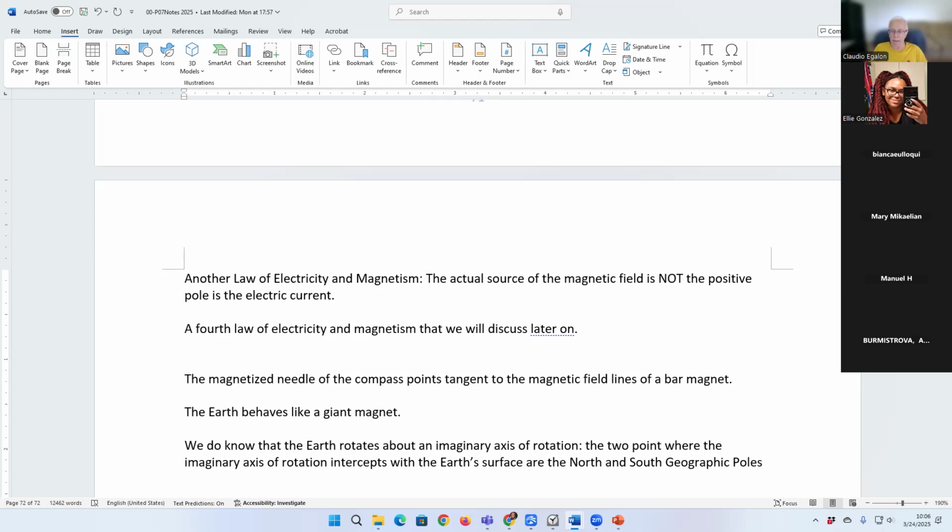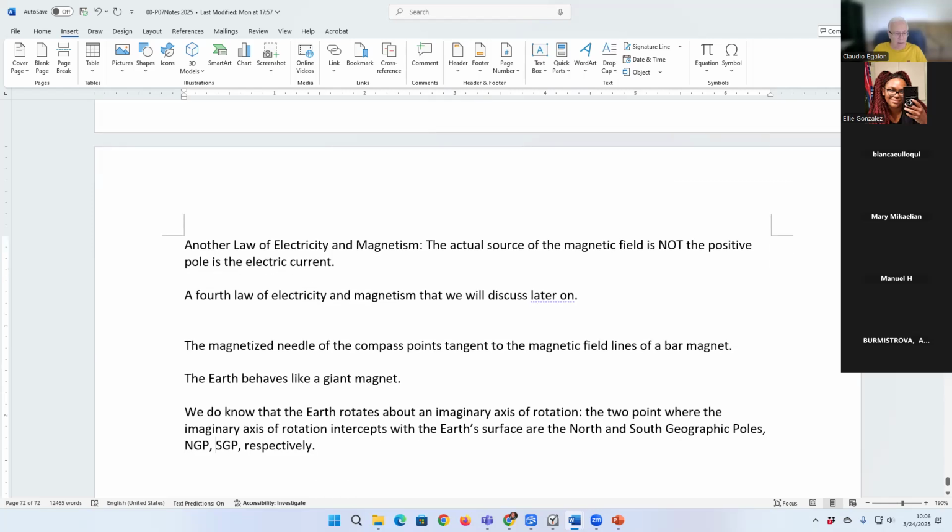Remember that? North geographic pole, south geographic pole, respectively. NGP and SGP, respectively.